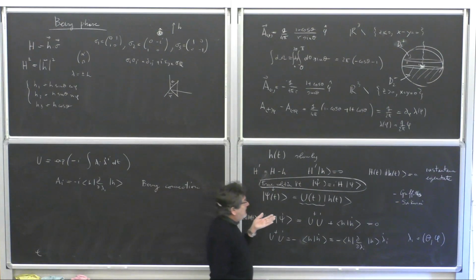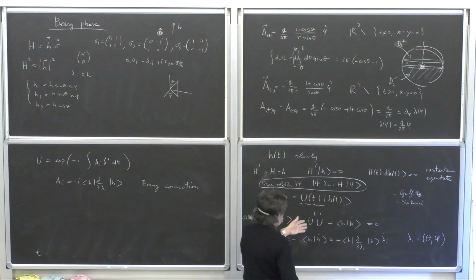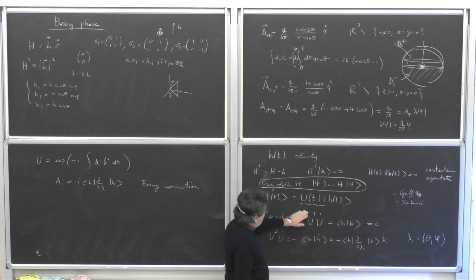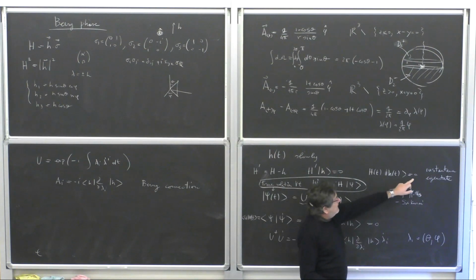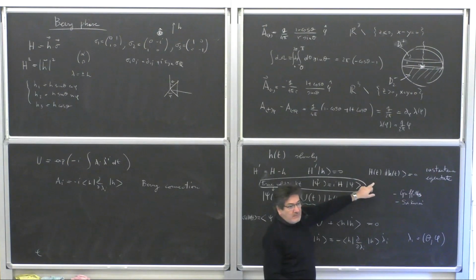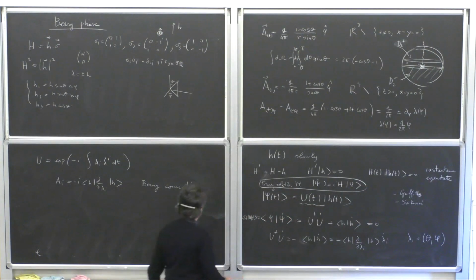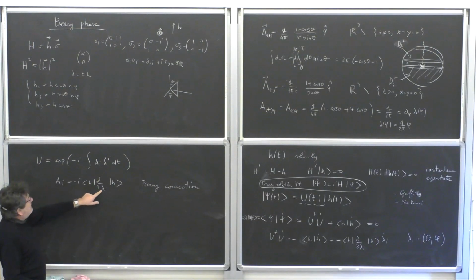So what is the result? If I do an adiabatic change, the phase of the wave function changes. This phase can be obtained by parametric variation of the instantaneous solution of the stationary problem, and is obtained by a derivative with respect to the parameters of the eigenstate of this overlap.